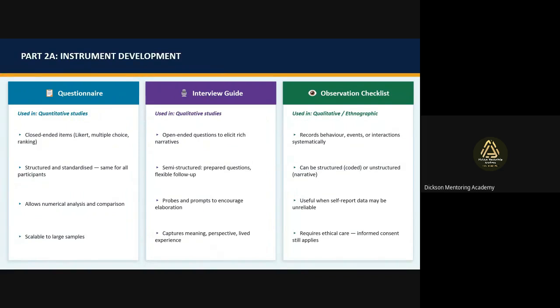You must avoid leading questions, questions that will lead people into answering in an unintended manner. Four, measurability. And this is especially so in quantitative research. Your questions must be measurable. If a question does not serve your objective, remove it.